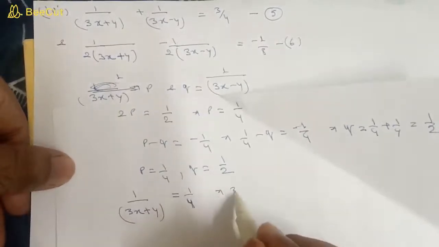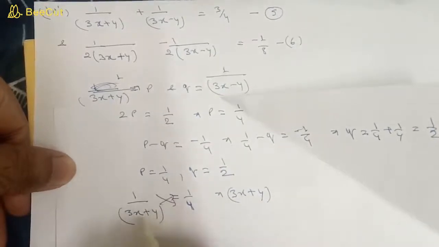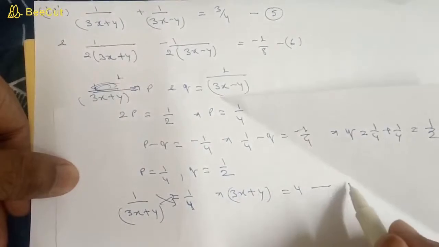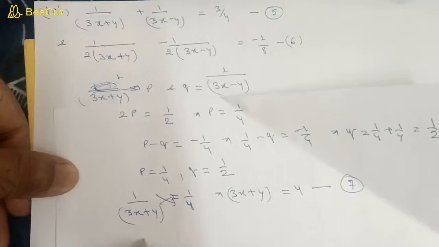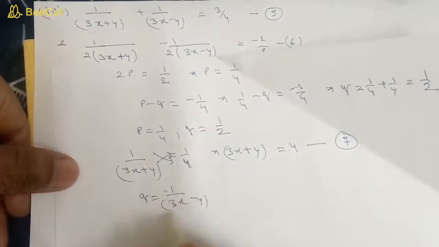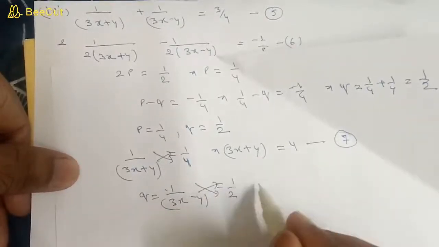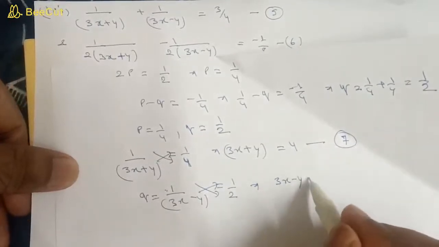So we will get 3x plus y, cross multiply. 1 into 3x plus y is equal to 4 into 1. This is suppose equation number 7. And q is equal to 1 by 3x minus y is equal to 1 by 2. So we will get 3x minus y is equal to 2.